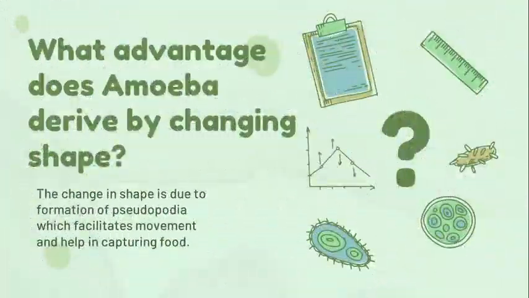Next, there is a question for us. What advantage does an amoeba derive by changing shape? Pseudopodia, which means false feet. The change in shape is due to the formation of false feet, or pseudopodia, which facilitate movement and help in capturing food.